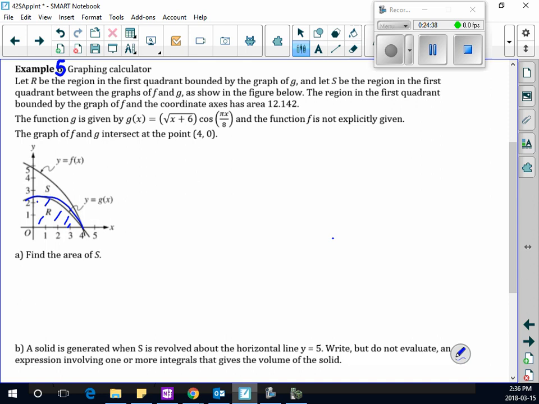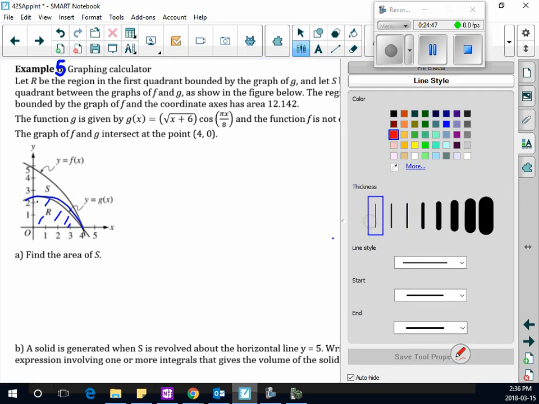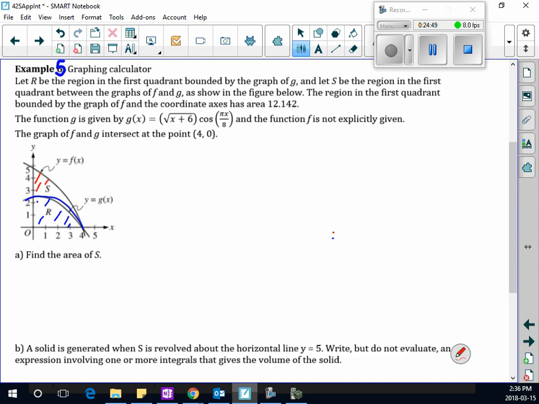Let S be the region in the first quadrant between the graphs of F and G. So I'm going to use a different color. That's this part right here. You see that? The region in the first quadrant bounded by the graph of F and the coordinate axes is 12.142. So what did they actually give you there?